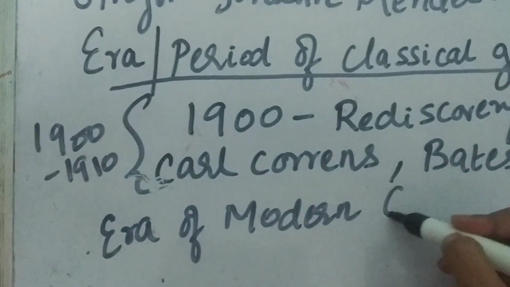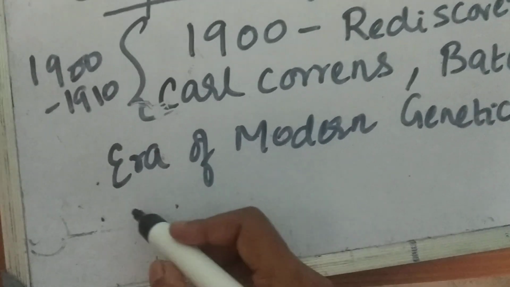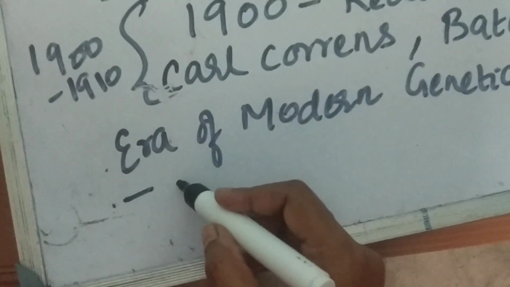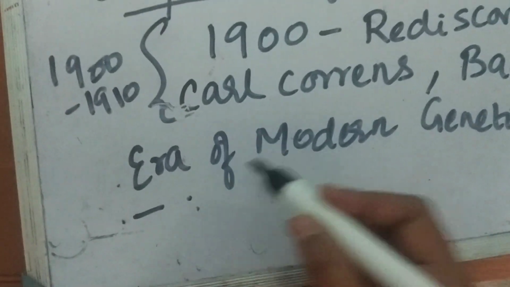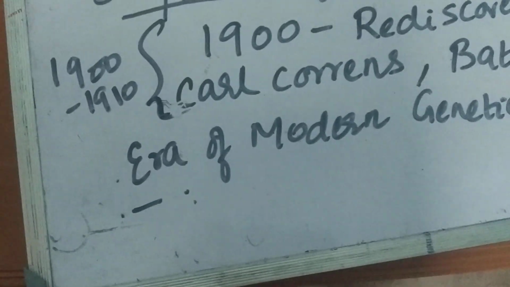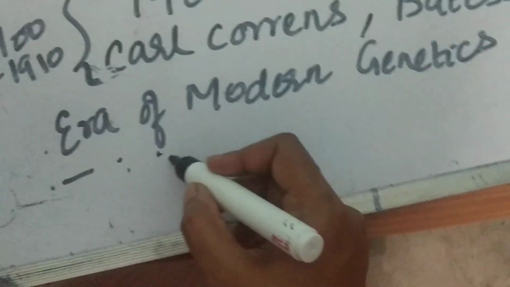Again, you would have heard the name of the person also called the father of modern genetics. His name is, any guesses? He worked with the organism Drosophila. Yes, you may be right.